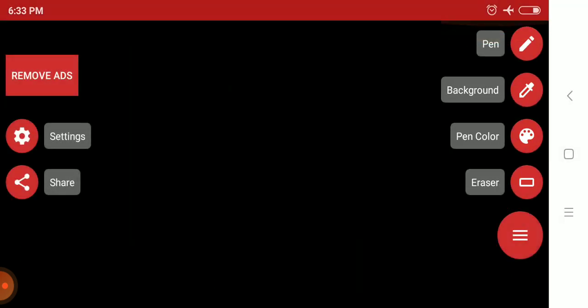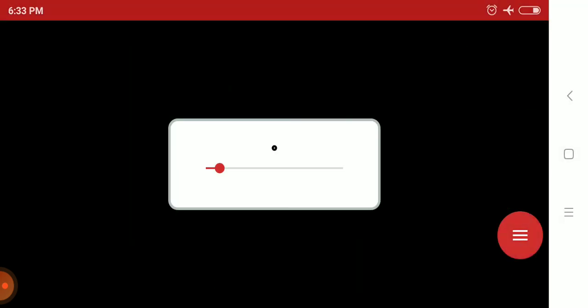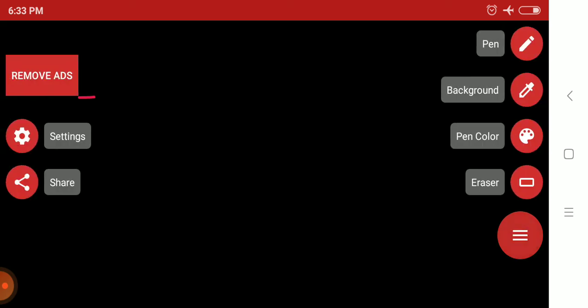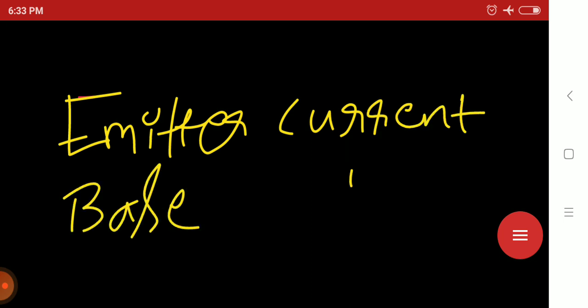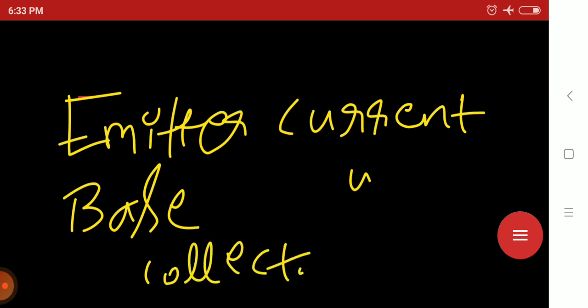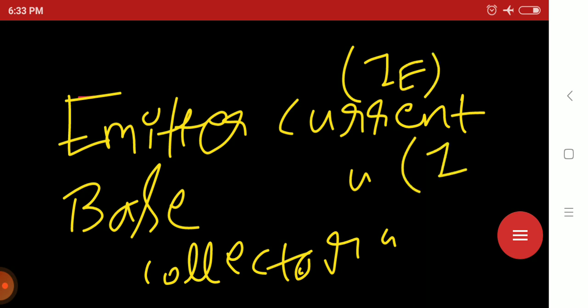What we know actually, in case of common base configuration, or any configuration, is the main relation between the emitter current IE, the base current IB, and the collector current IC.